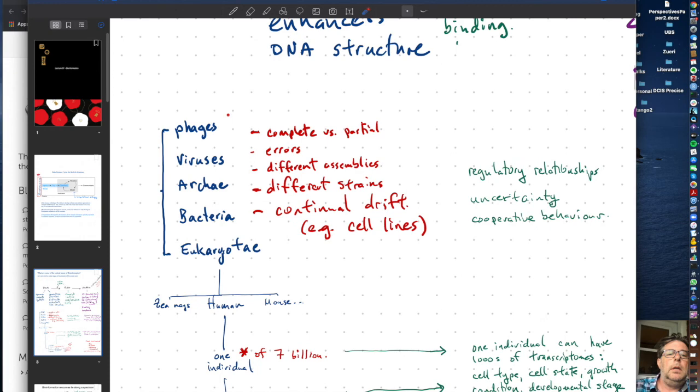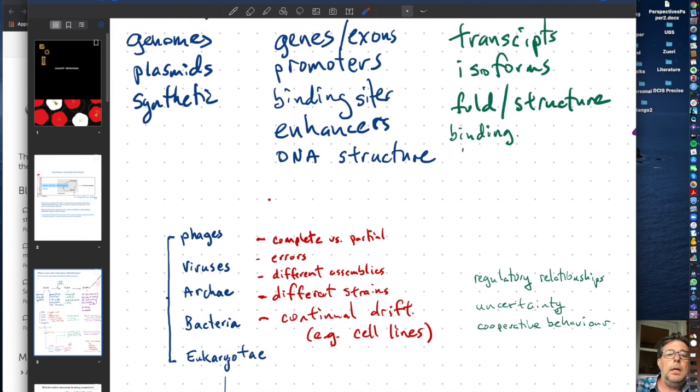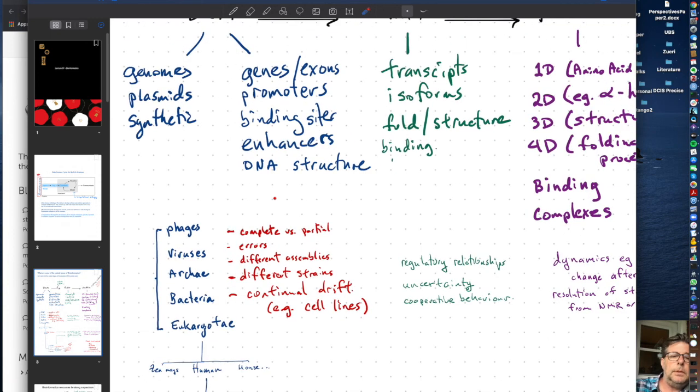Now, in addition to that diversity, you have all sorts of issues about things like errors, right? Sequencers make errors, so those genomes get updated all the time.